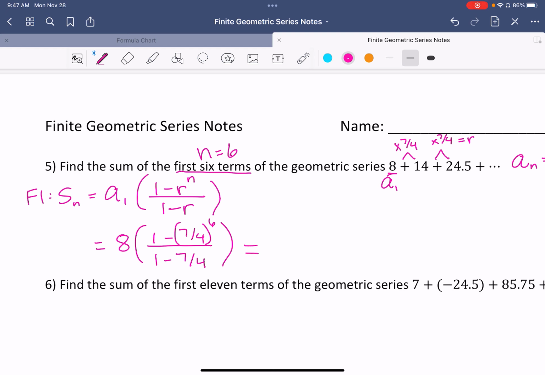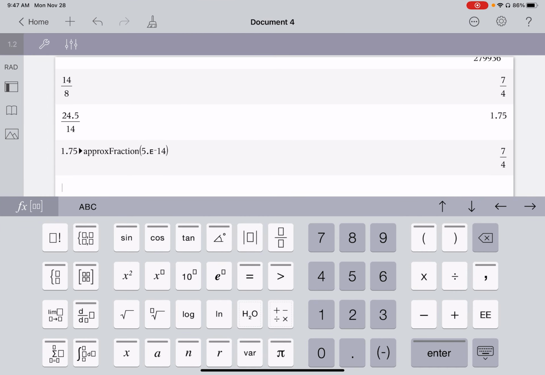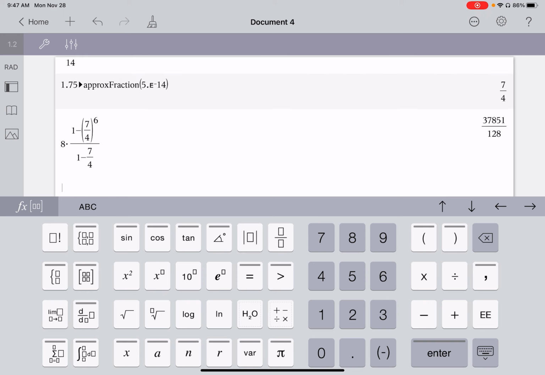Okay, so let's go and type that in. So it was 8, and then 1 minus 7/4, to the power of 6 over 1 minus the common ratio of 7/4.